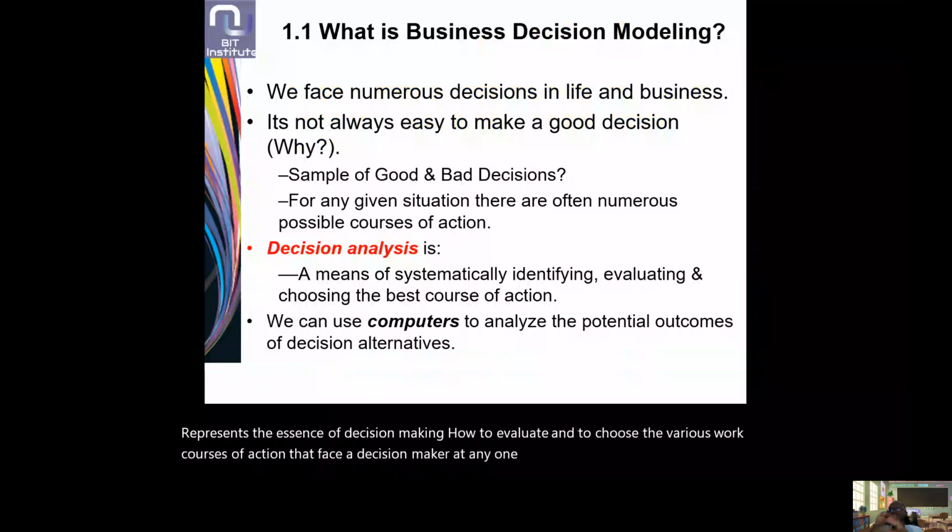Because of these factors, decision makers either end up making good decisions and sometimes bad decisions. And hopefully business decision modeling can help in that process of not only designing a proper decision-making framework, but also to result in a good decision.